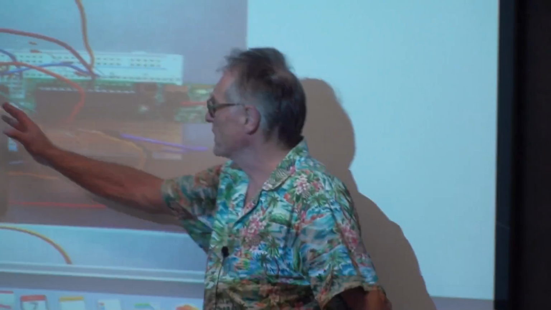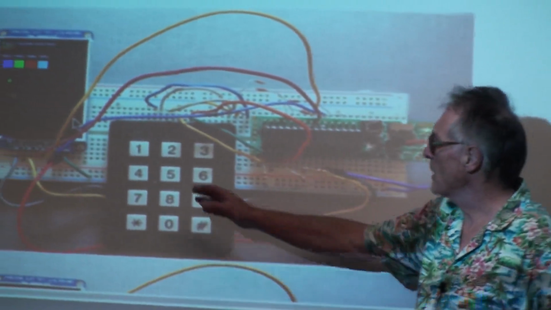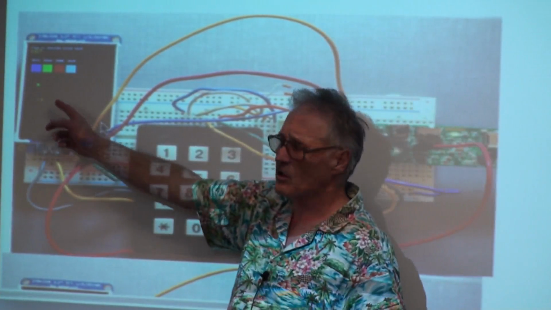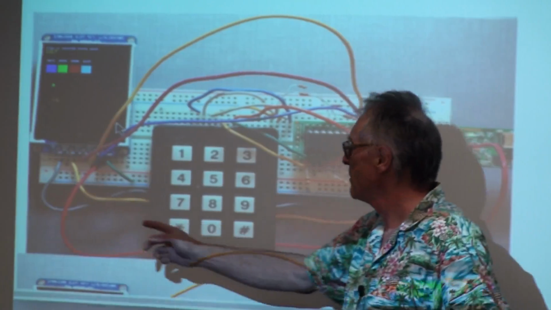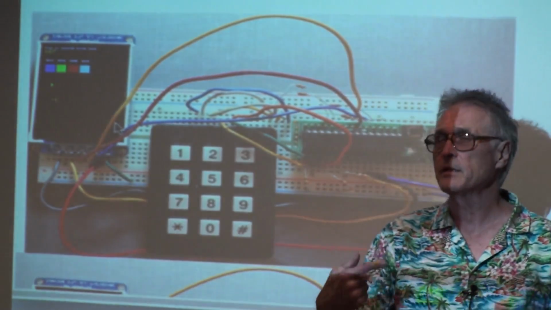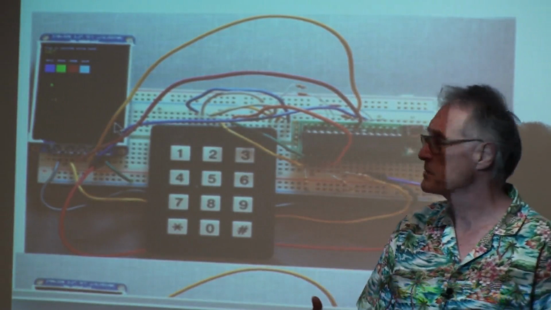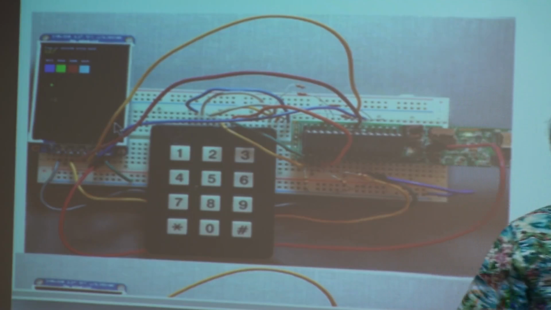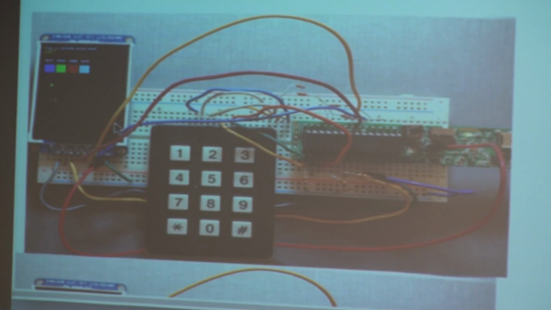You'll have a 12-key keypad. You'll have some sort of display over here. I was using the same test code with one more thread to make sure that the keypad didn't interfere with the display, with the TFT display. And hooked to this is going to be a speaker.